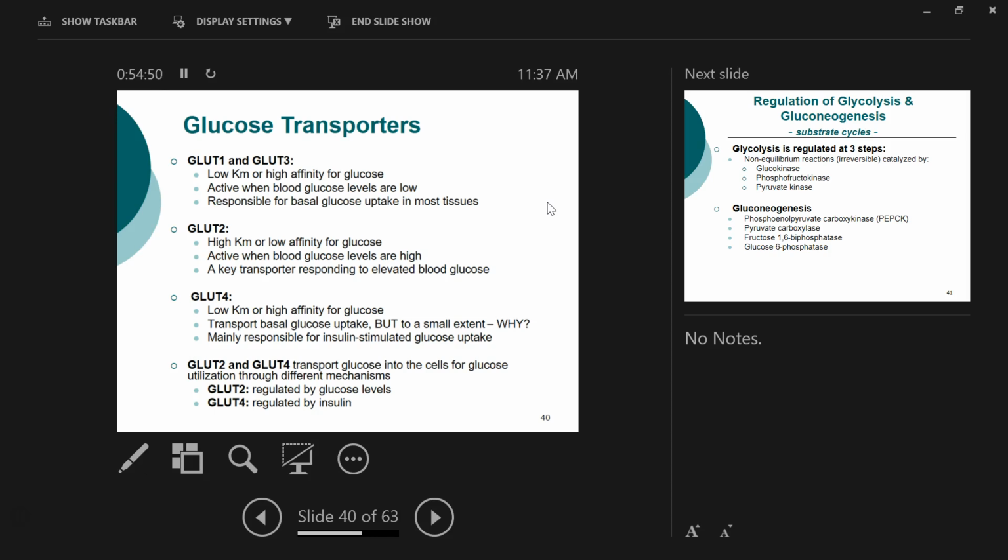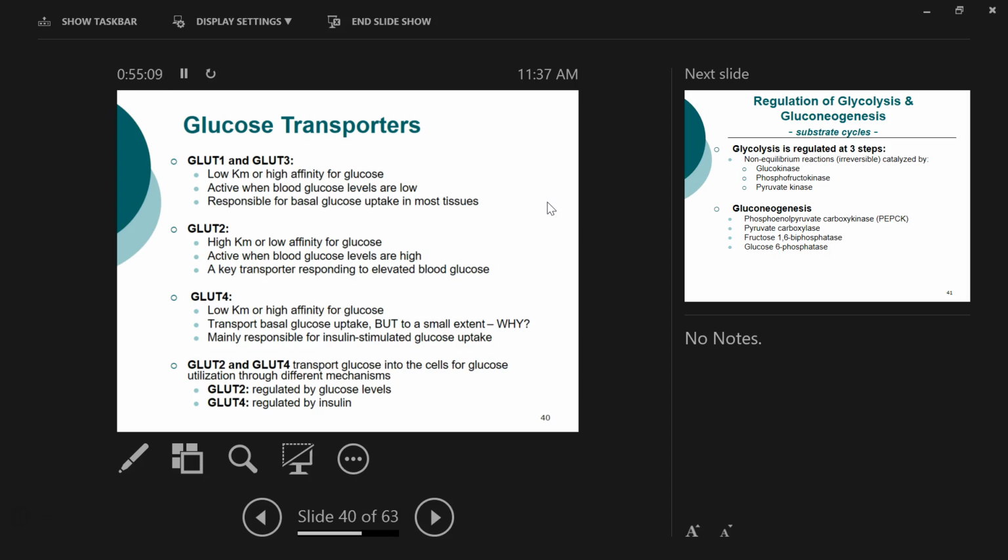And GLUT2, we know, is basically highly expressed in liver and pancreatic beta cells, and this type of glucose transporter has a high Km and low affinity for glucose.